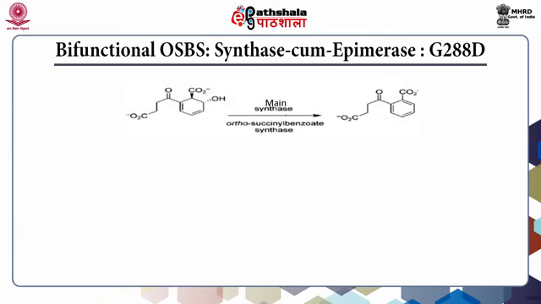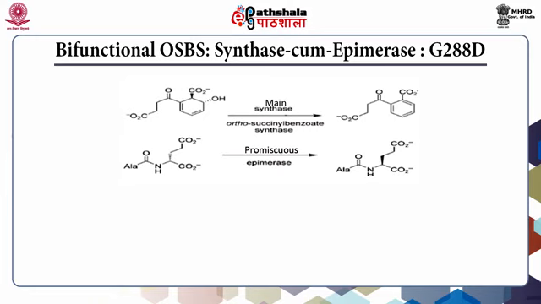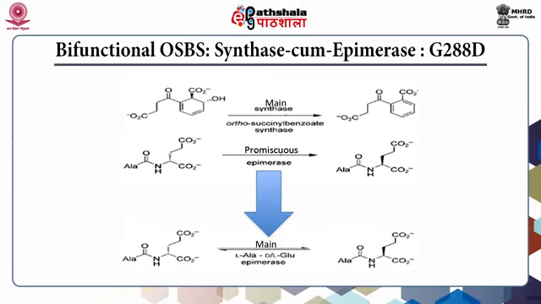We know the synthase is the main activity and epimerase is the promiscuous activity. During evolution, promiscuous epimerase activity was transformed into main epimerase activity. Therefore, this confirms the role of the mutations affecting folding pattern and substrate binding in the creation of new activities.